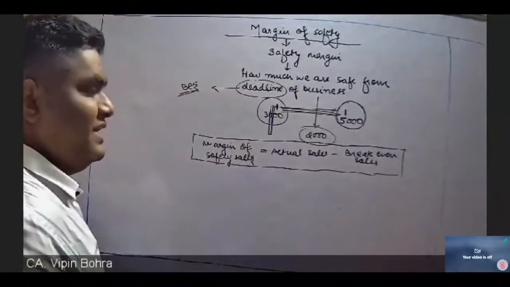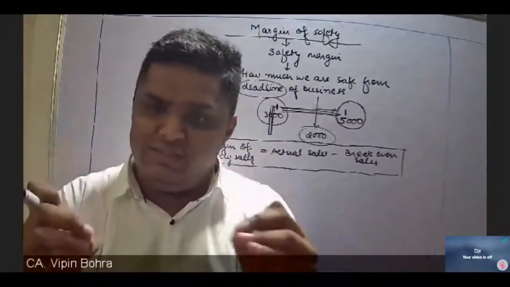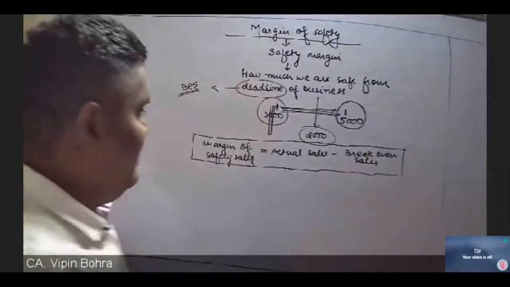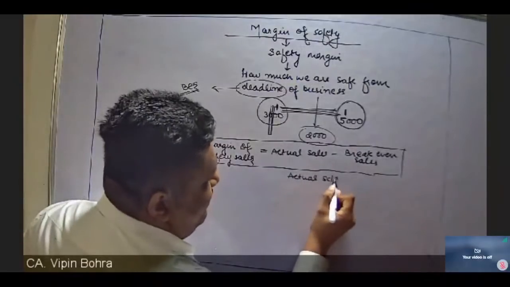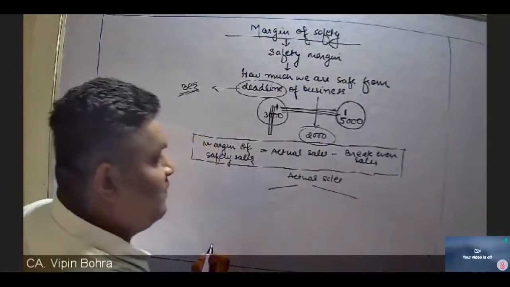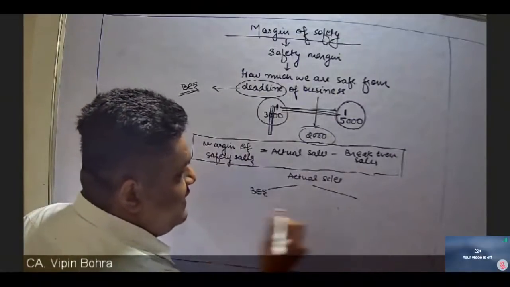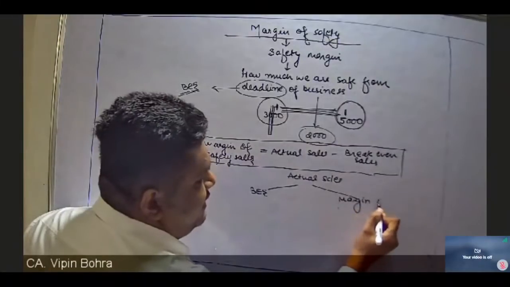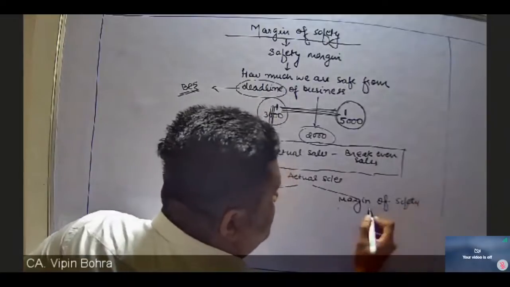So what is margin of safety sales? Very simple. Actual sales minus break-even sales. So herein, actual sales is divided into two parts. First one is break-even sales and second one is margin of safety sales.